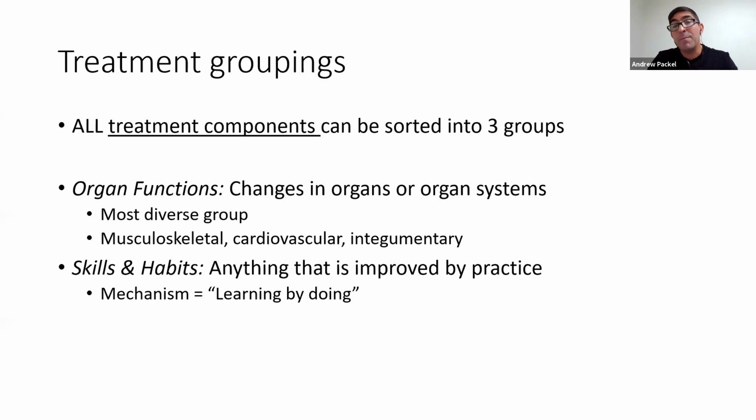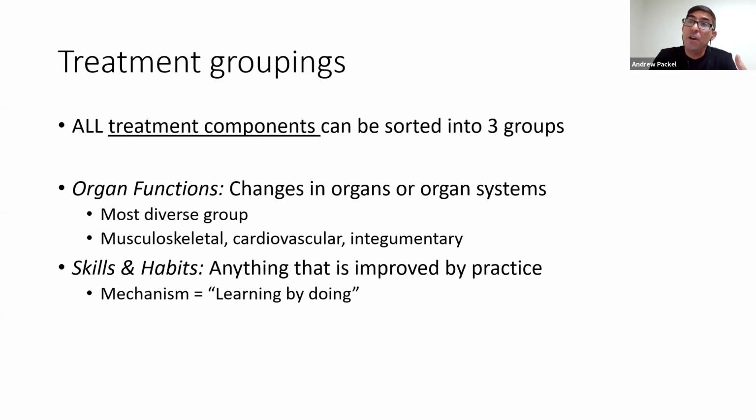The skills and habits group is anything that is improved by practice. We've recognized that across rehabilitation in different settings and different disciplines, there's a lot of practice-based treatment that goes on where the goal of the clinician is to get the patient, the individual, to practice something to improve. So that would all fall into that skills and habits treatment. When we look at the mechanism here, we recognize that we don't have a great understanding.